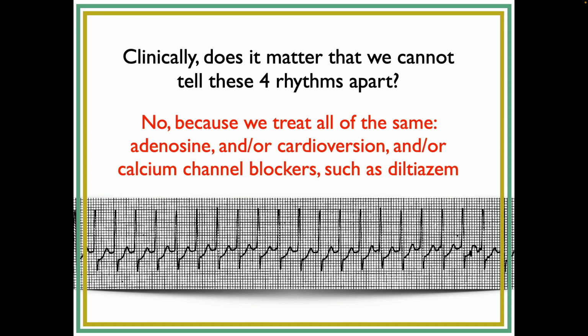Now, remember what I said about re-entry circuits is they're fragile. And if you shake up the conditions that allow them to exist, and this is our strategy, if you will, with treatment, we want to shake up those conditions so we can cause those re-entry circuits to collapse, giving the sinus node a chance to come back. We're trying to break the re-entry circuits, if you will. So let's look at our various treatments.